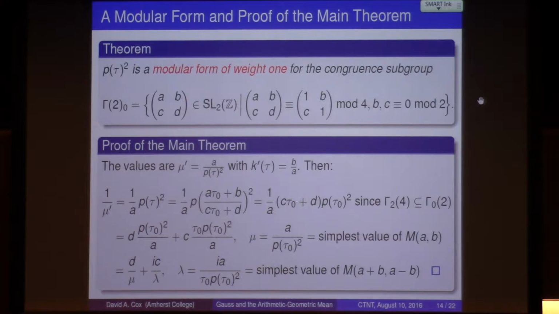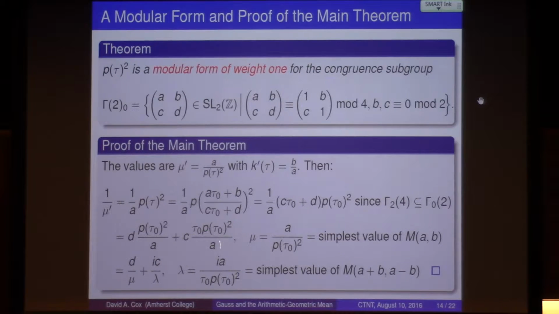And now you just multiply this out a little bit. So let me take the d, I'll take d times that, and I get d times p of tau squared over a, so I get that guy. And then I also get this one, which is this one. But notice that right here, that's the simplest value, and again, that's because that lies in the fundamental domain. So in fact, notice that here we have d over mu, where that mu really is the simplest value.